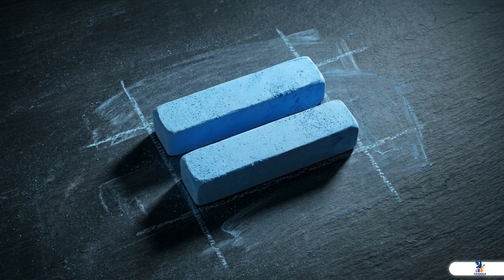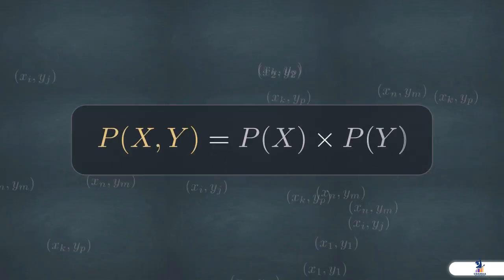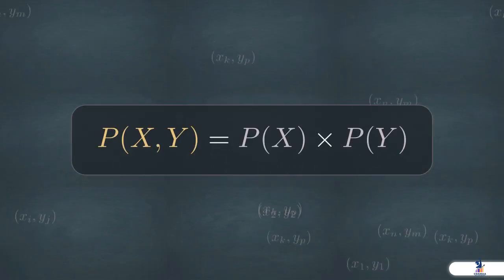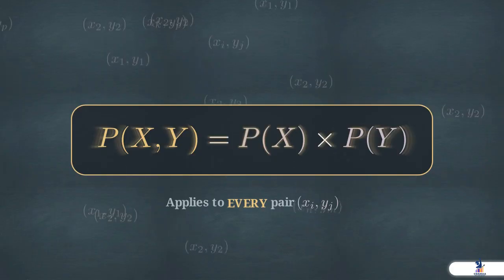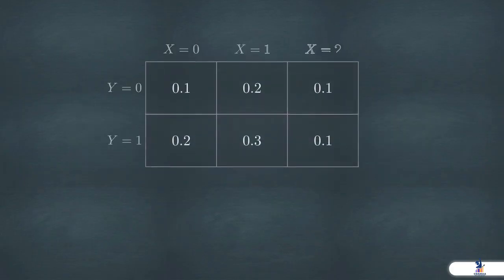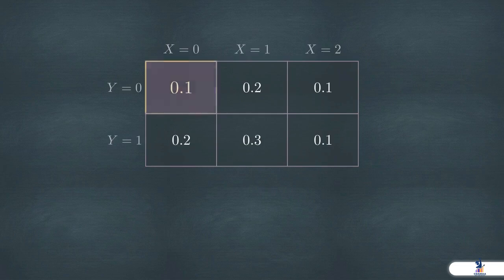With these distribution mechanics established, we can mathematically define statistical independence. Two variables are independent if and only if their joint distribution factors exactly into the product of their individual marginals for every possible pair in the system. We can test this rule against our grid. We isolate coordinate 0, 0, which has a joint probability of 0.1.